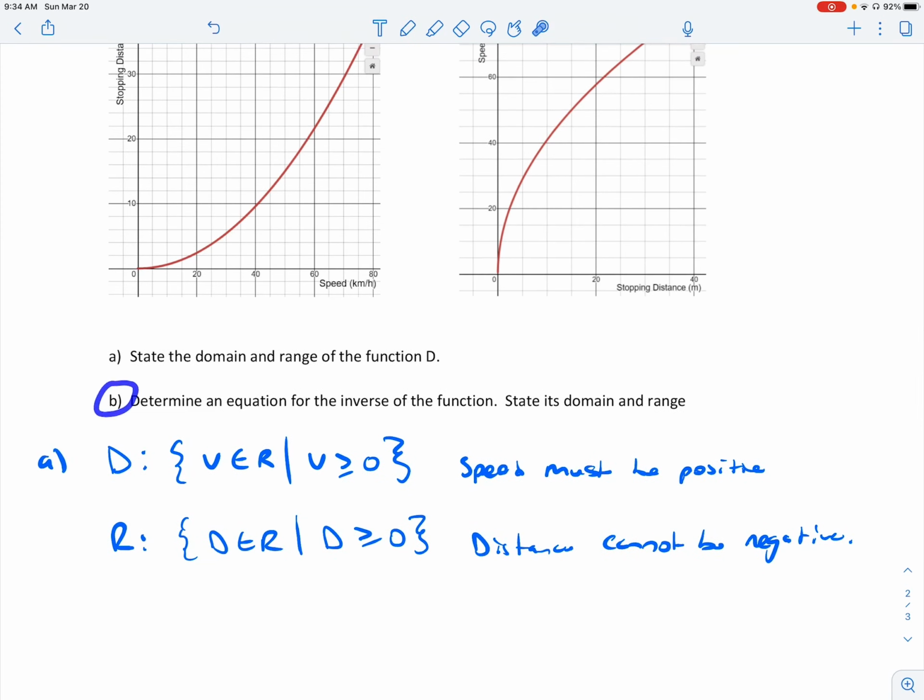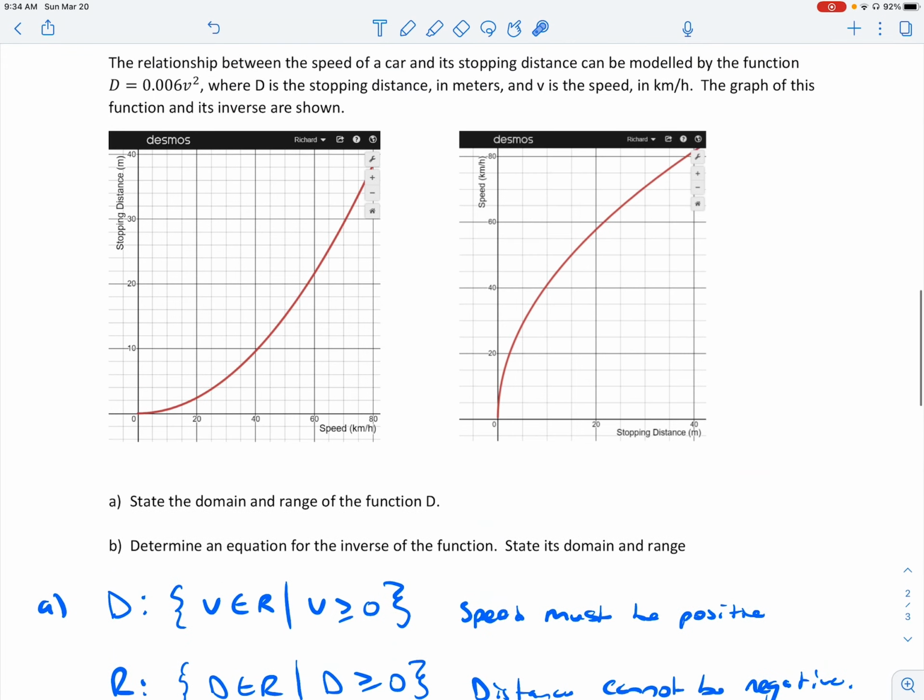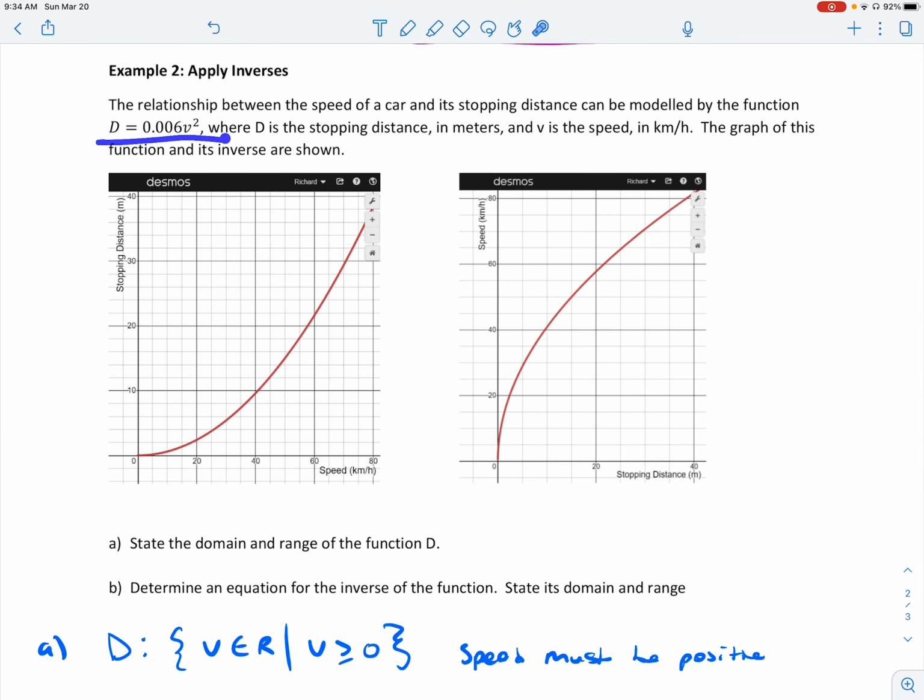Part B says determine an equation for the inverse of the function, and state its domain and range. So there's our equation, 0.006 v squared. We want to find the inverse.